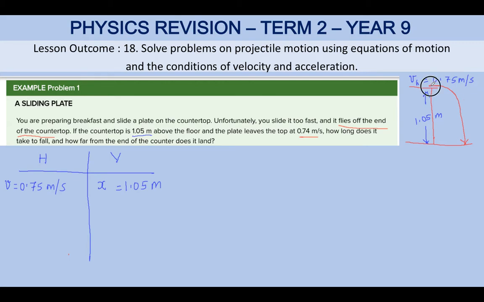Since it's a perfect horizontal projection, you're just pushing it sideways, the starting vertical speed would be 0 meters per second. And also, we know that it's free fall. We are ignoring air resistance, so the acceleration should be negative 9.8 meters per second squared.